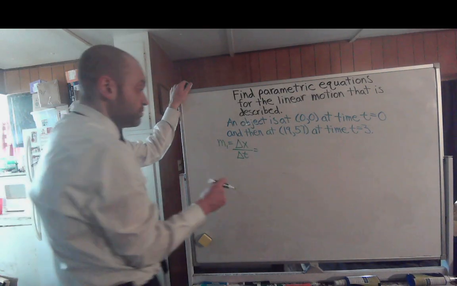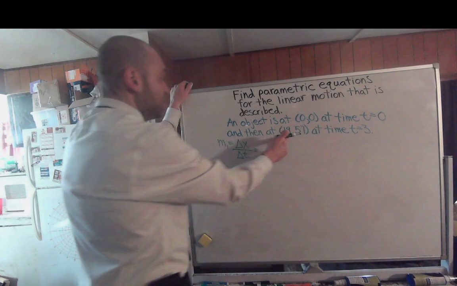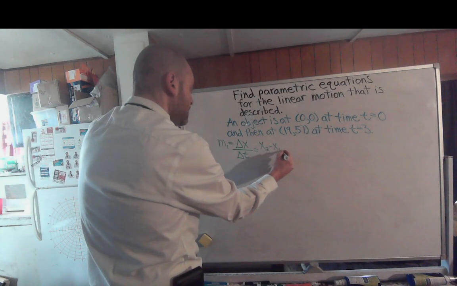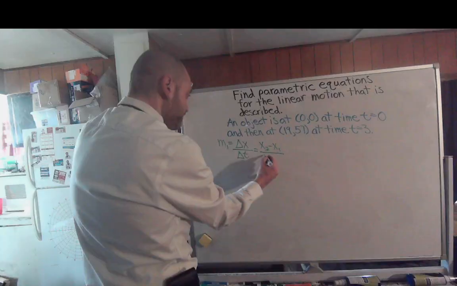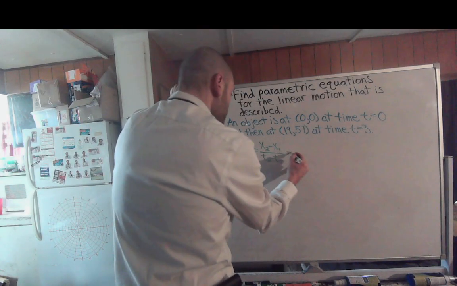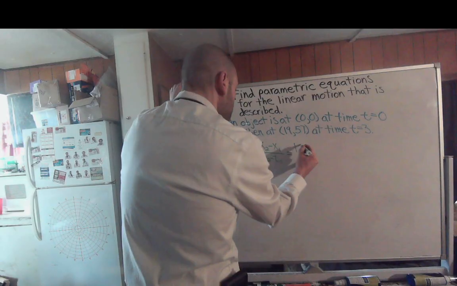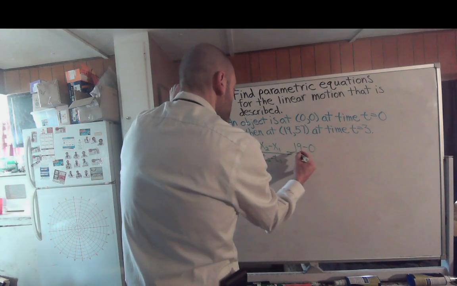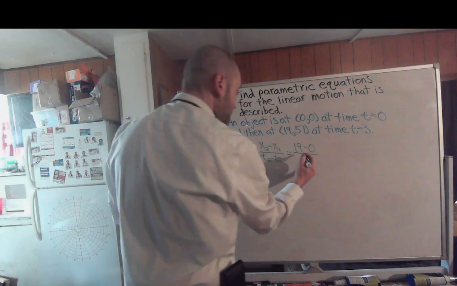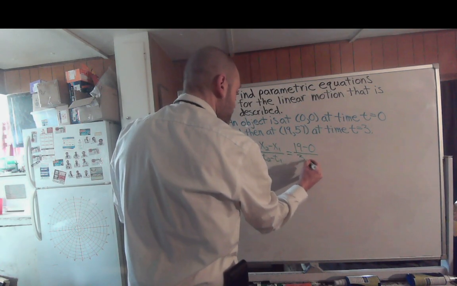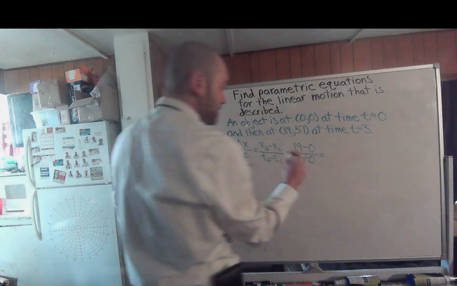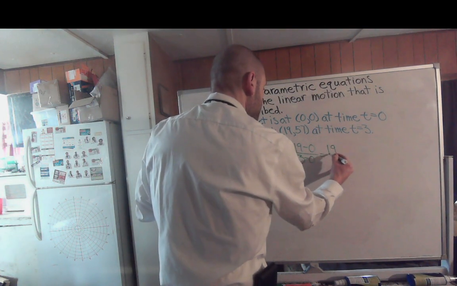You go from 0 for your x to 19 for your x, so that means it's x sub 2 minus x sub 1 over t sub 2 minus t sub 1, which in this case would be 19 minus 0 all over 3 minus 0. So your first slope is going to be 19/3.